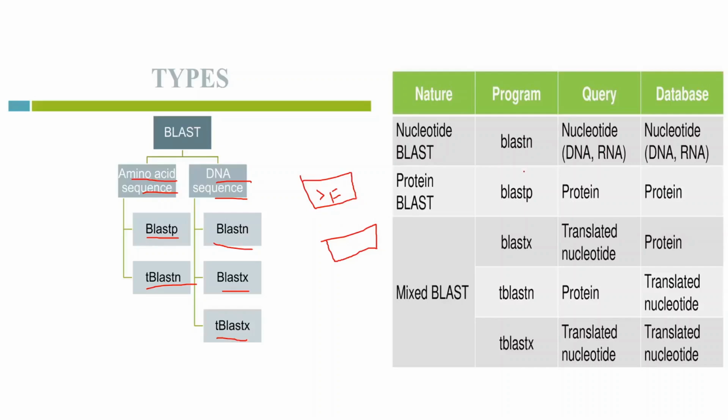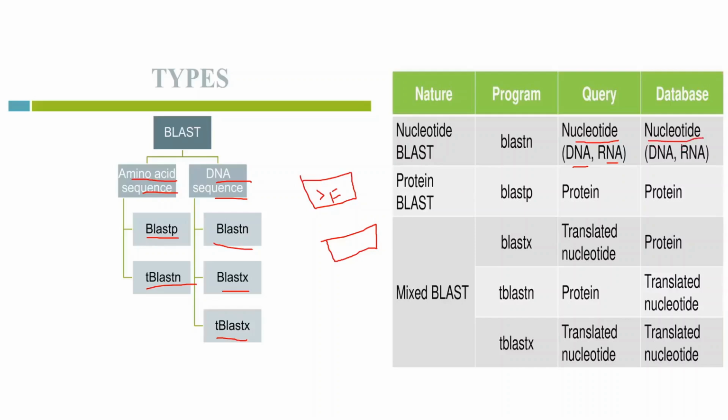In BLASTN, the query sequence is nucleotide. This nucleotide can be either DNA or RNA. It will search against the nucleotide database.